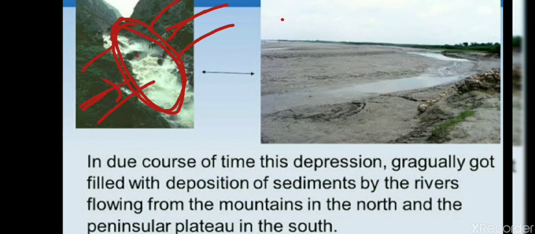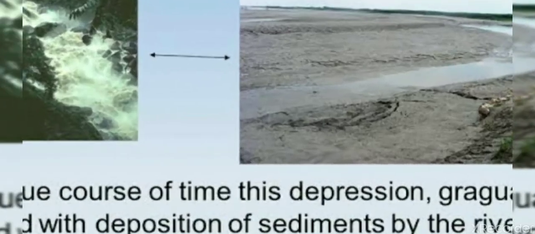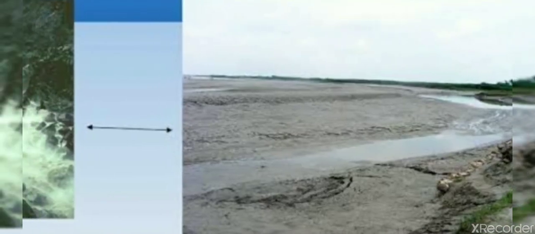In this way this area got filled with sediments, and finally what happened? A flat land of extensive alluvial deposit led to the formation of the northern plains of India. In this way we completed our today's topic, the formation of the northern plains.